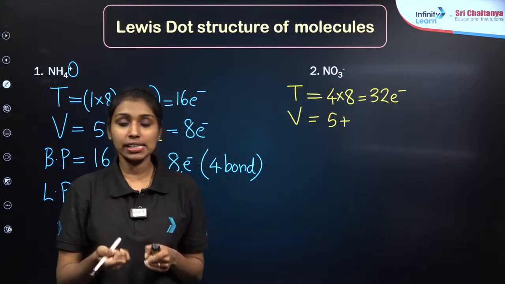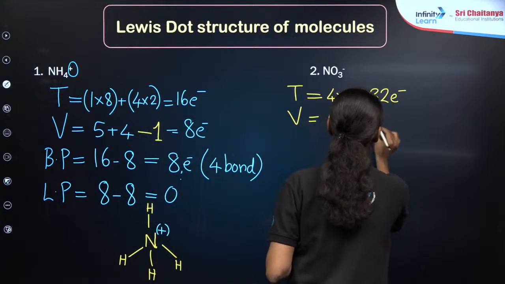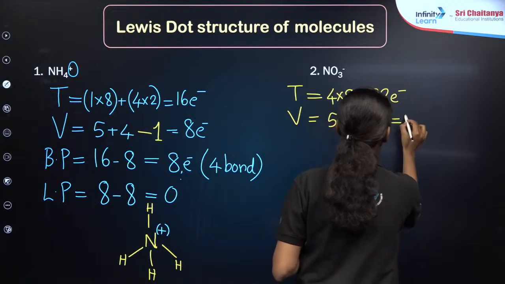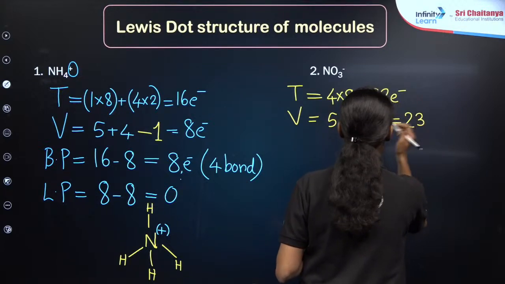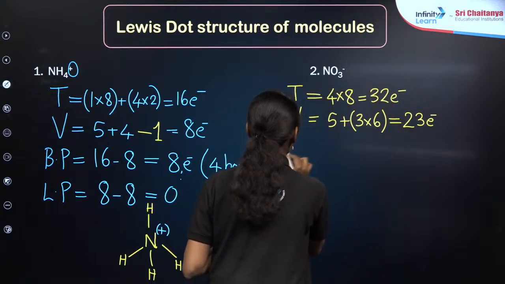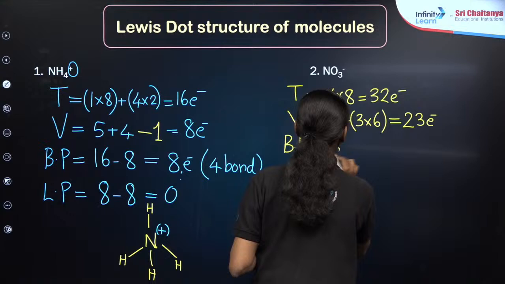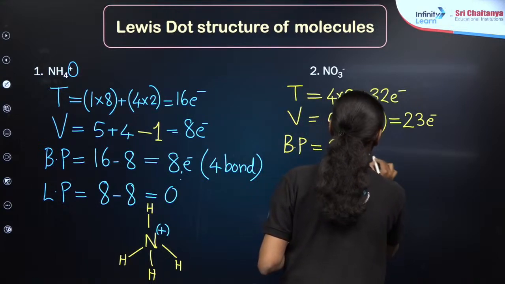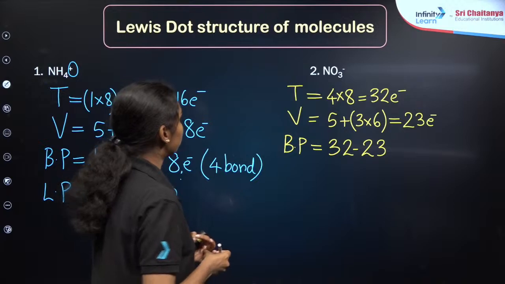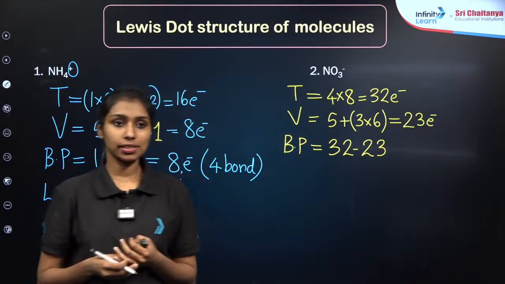For 3 oxygen atoms, it is 3 into 6, which is 18 plus 5, equal to 23 electrons. Now we have to find the bond pair of electrons by taking the difference: 32 minus 23, how much is it?